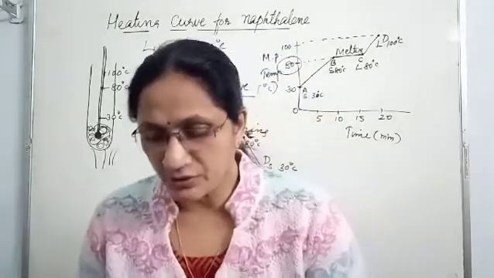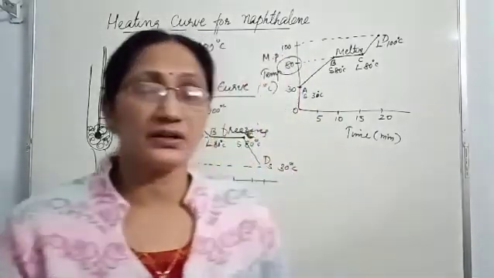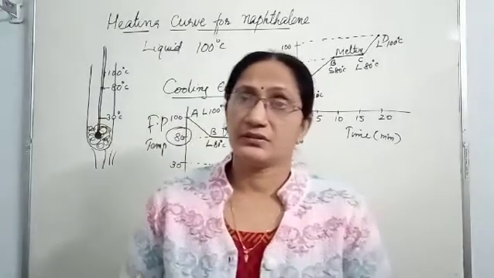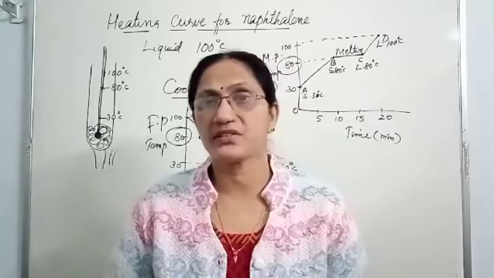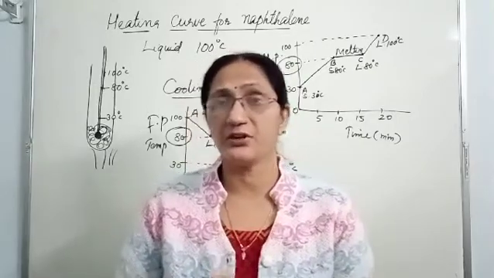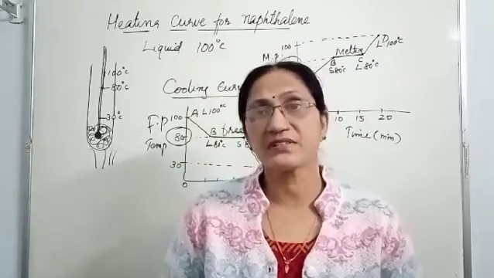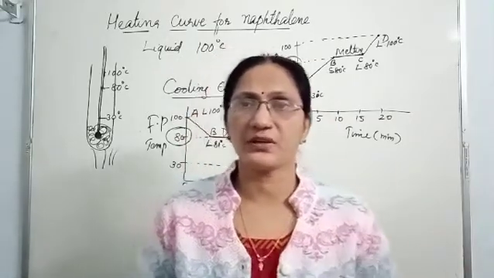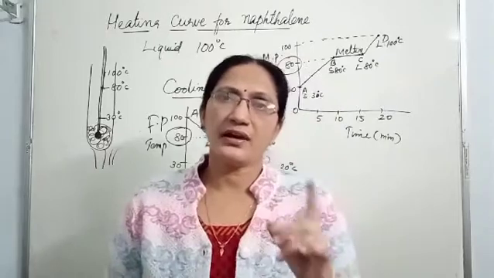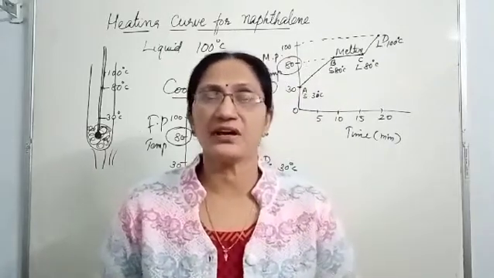The latent heat of fusion is calculated per kilogram, per unit mass. If you calculate it per unit mass, that is known as specific latent heat of fusion. Like heat capacity and specific heat capacity, here also there is latent heat of fusion and specific latent heat of fusion.